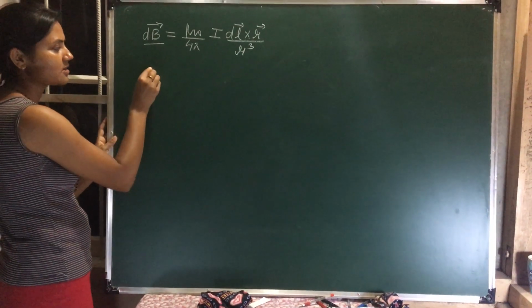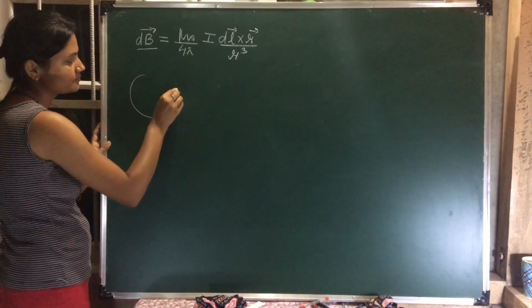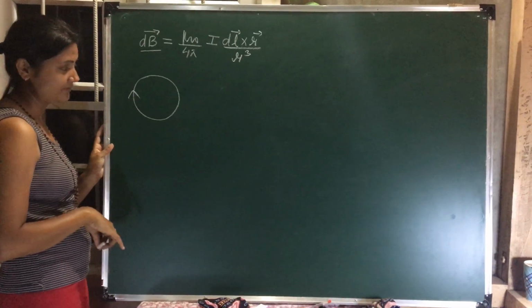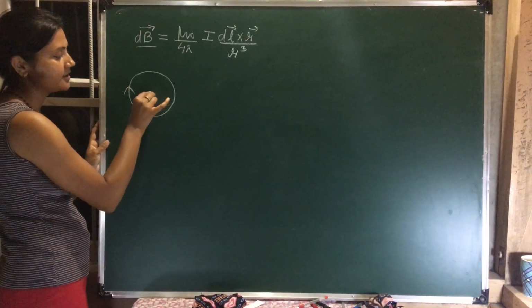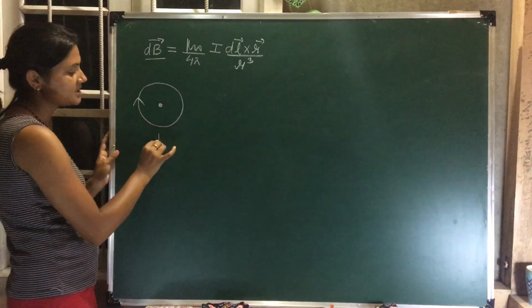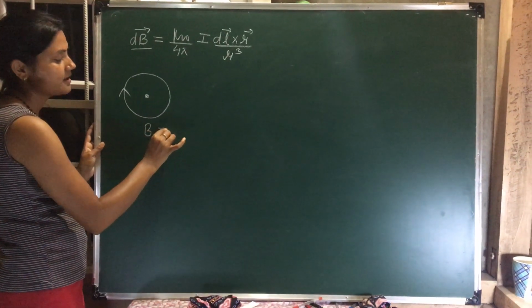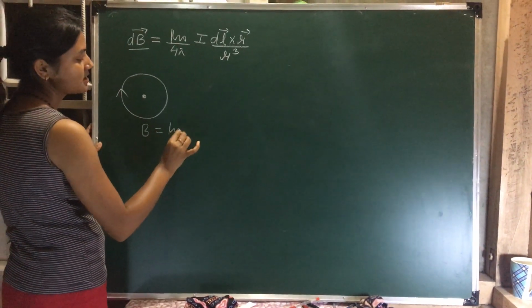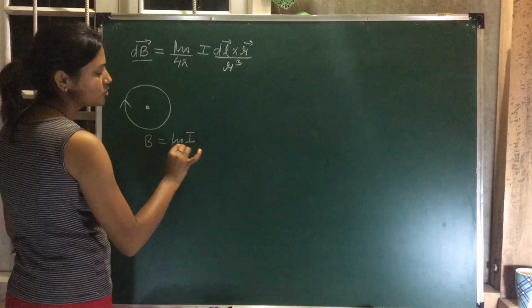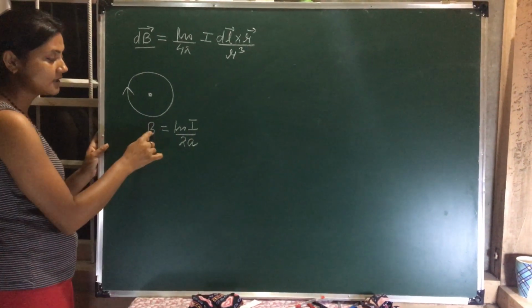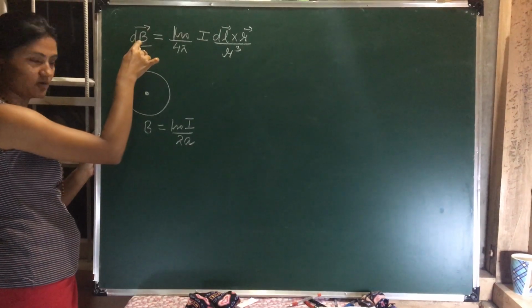Then for a circular coil, we had derived that at the center, by the use of Biot-Savart law, the magnetic field is given by mu 0, what it is? Mu 0 I by 2a. This we derived by the use of Biot-Savart law, right?